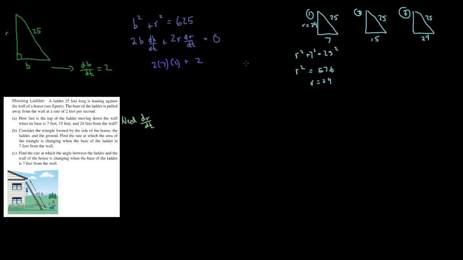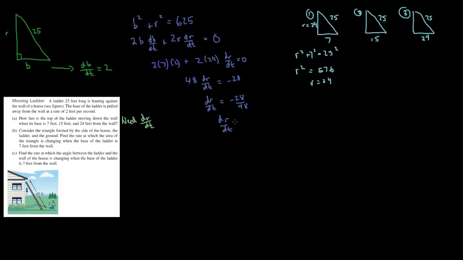So we go back over here and say that 2 times 7 times 2, which is 28, plus 2 times 24 times dr/dt, which is 48 dr/dt, equals 0. Now all we have to do is solve. So 48 dr/dt equals negative 28, so dr/dt equals negative 28 over 48.